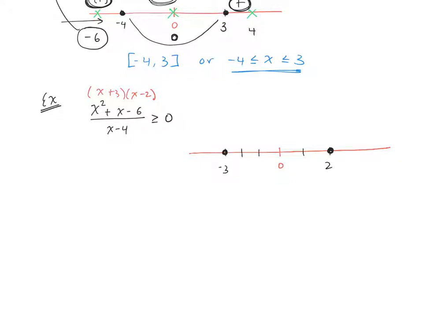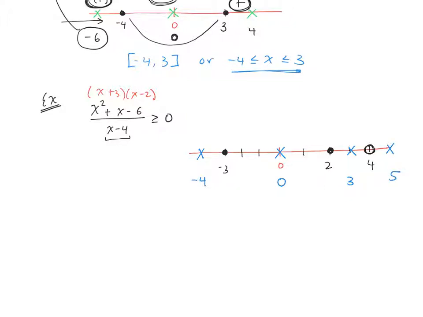And then the answer doesn't exist when x equals 4. So that one you have to leave open because that cannot be part of the solution. Now you have 4 places where you have to check. You could pick negative 4 for this one, 0 for that one, 3 for this one, and 5 for that one.